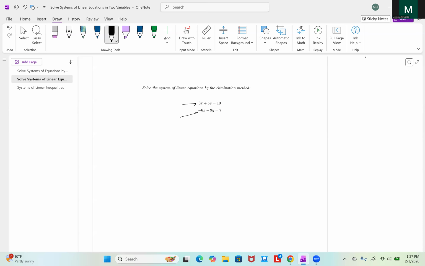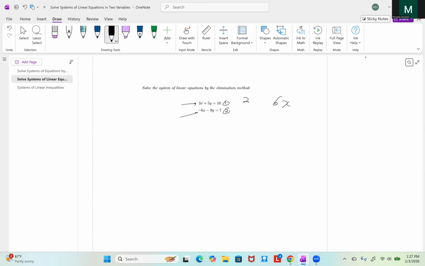For the second equation, the coefficient of x is negative 6x. So if we multiply the first equation by 2, then the 3x becomes 6x. Now when it is 6x, we can add the first equation and the second equation, and 6x minus 6x is 0. So now we eliminated one of the variables this way.